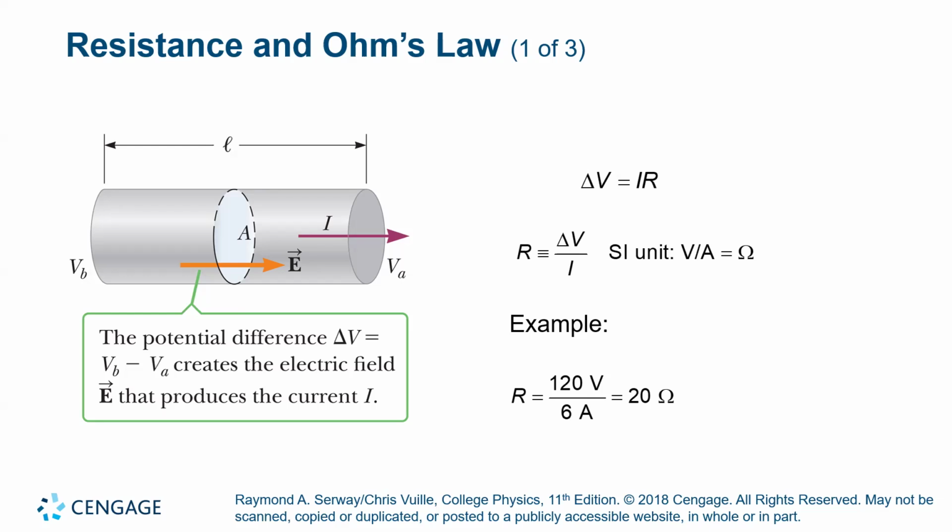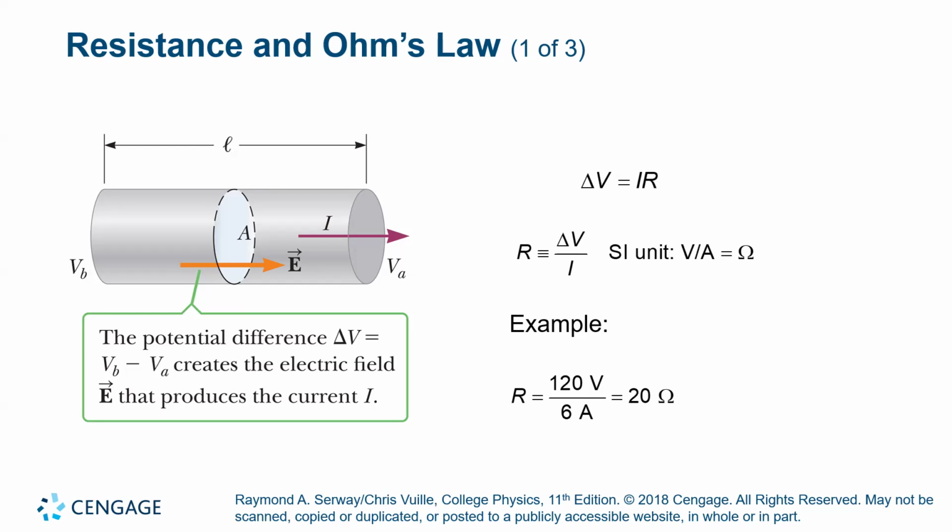Fine. So now we're looking at Ohm's law. Right here, the change in voltage, that's VB minus VA, is going to be equal to the current flowing through that piece of conductor multiplied by the resistance.